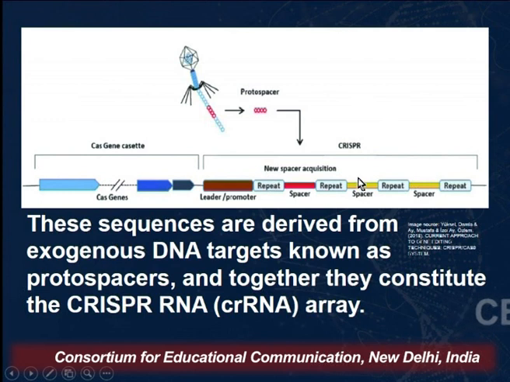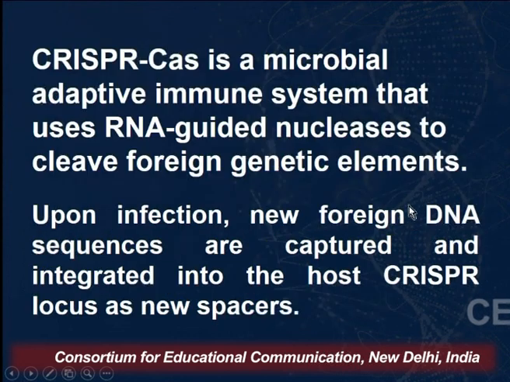The CRISPR or CR-RNA array contains a series of direct repeats interspersed by these spacer elements. These spacer elements arise from the protospacers that have come from the exogenous DNA. So I hope you understand the structure of the CRISPR loci.